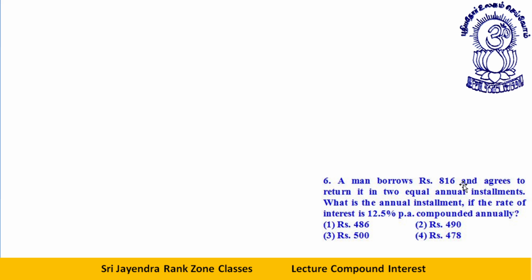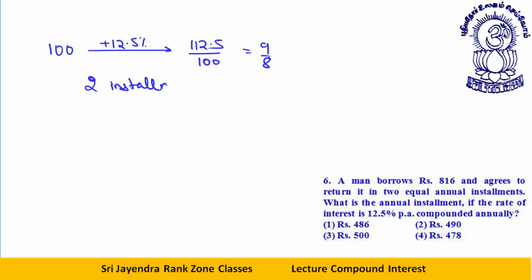A man borrows rupees 816 and agrees to return it in two equal installments. What is the rate of interest? If the rate of interest is 12.5%, see, 100 rupees at 12.5% interest becomes 112.5 by 100. You can say 9 by 8. Again, two installments. Therefore, 9 square, 81.